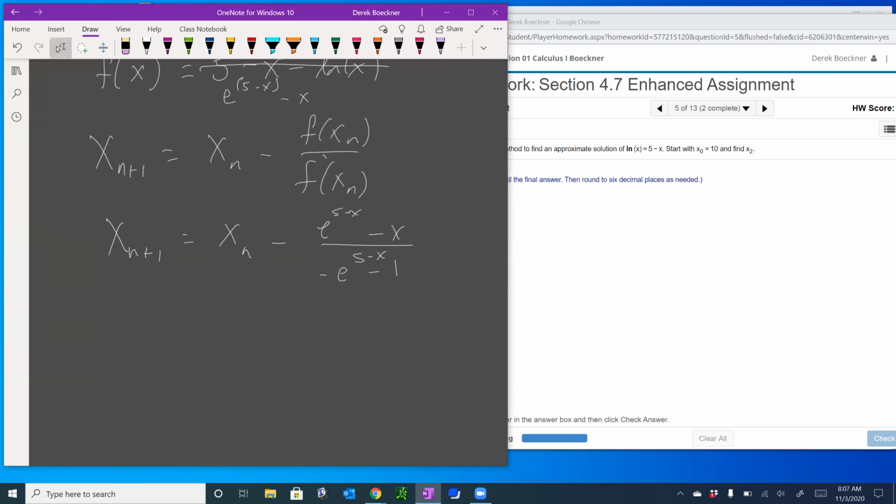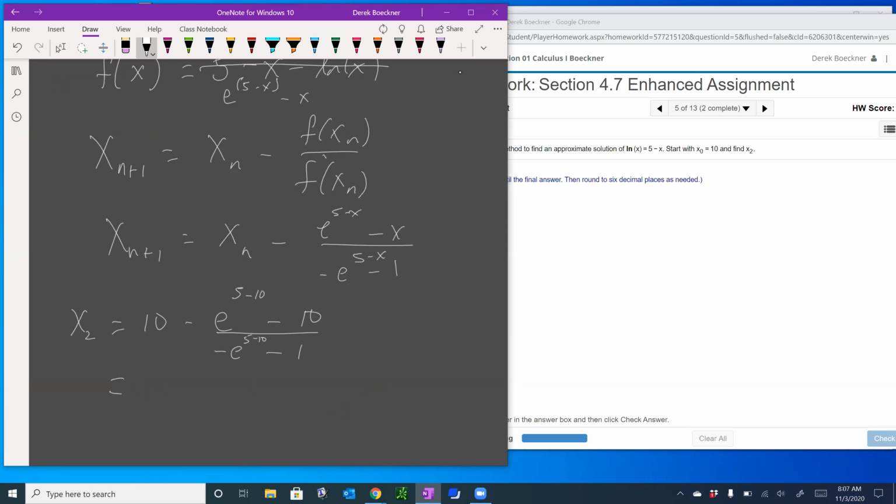Okay, so we want to start with 10 and find x2. So x2 equals 10 minus e to the 5 minus 10, minus 10, over minus e to the 5 minus 10, minus 1.